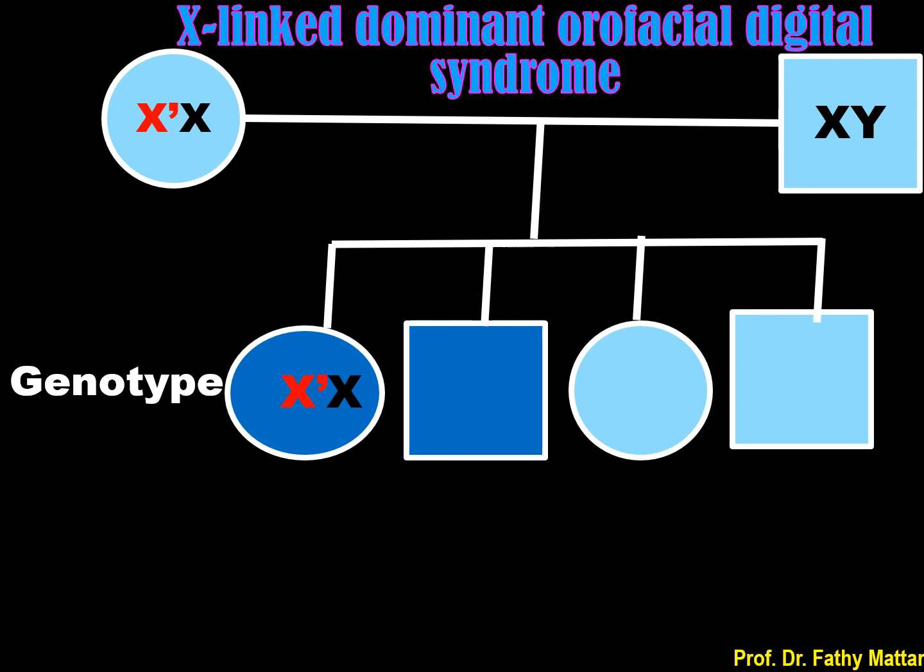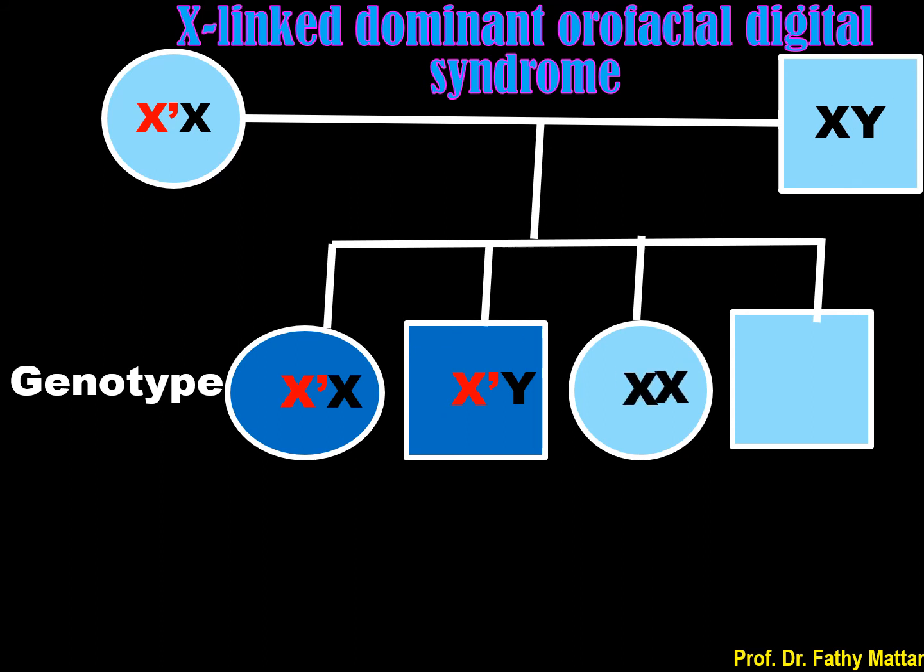But remember that this is dominant, so the presence of just one X which is red will show the trait on this female. This male will have also the red and Y, and of course he will show the trait because he has just the X allele.